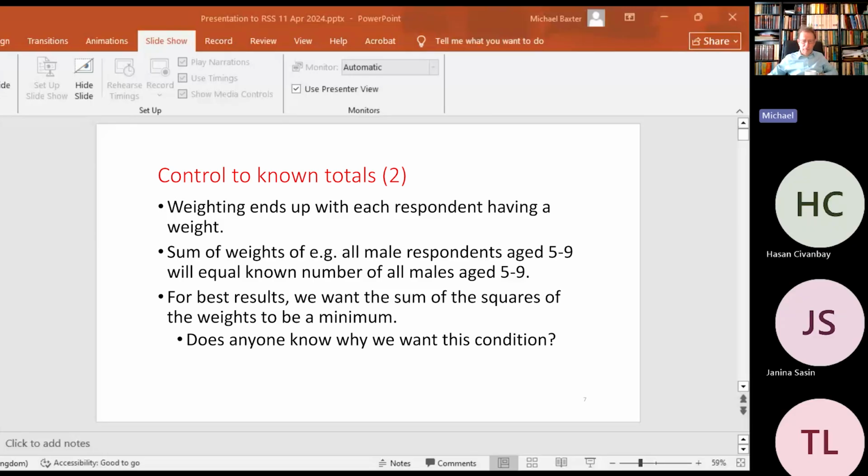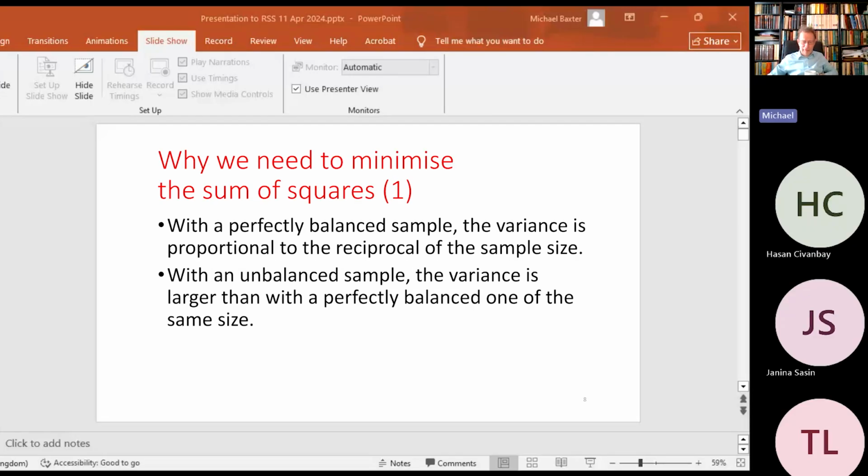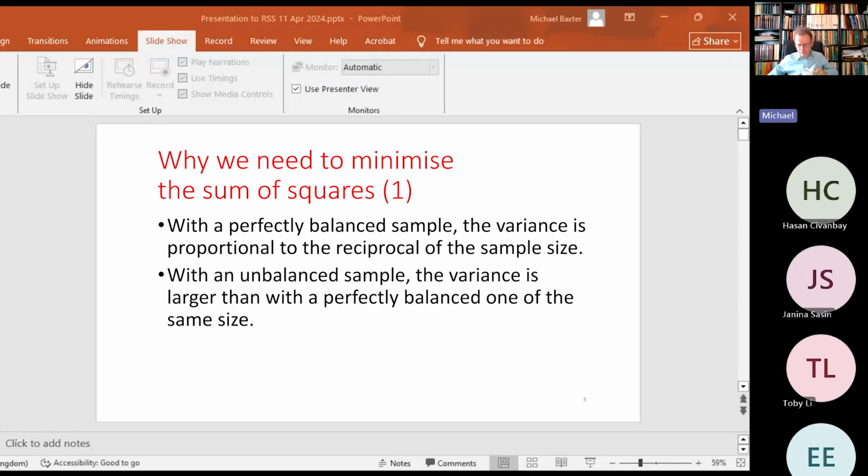Now, with a perfectly balanced sample, it's a well-known elementary result in statistics that the variance is proportional to the reciprocal of the sample size. But if the sample is not perfectly balanced, we can weight it. Then everybody's got a different weight. And the variance is larger than with a perfectly balanced one of the same size.